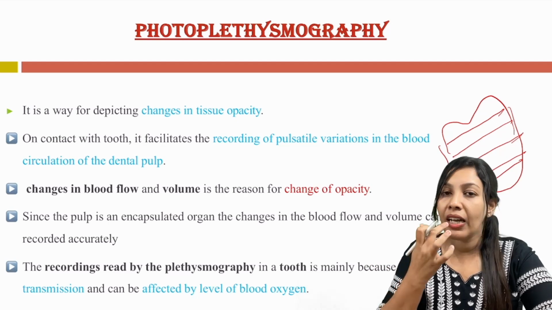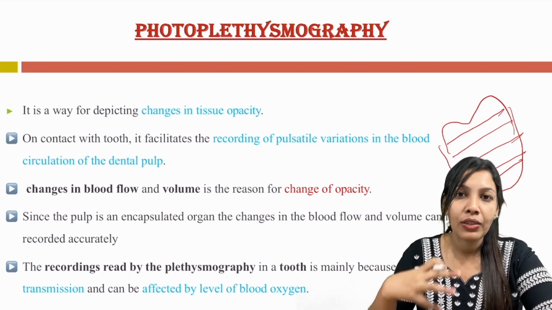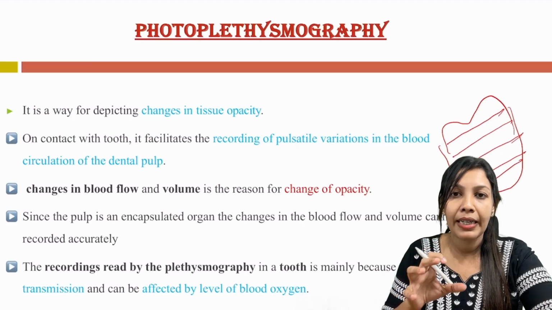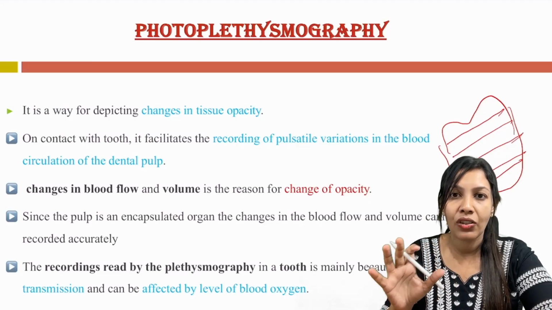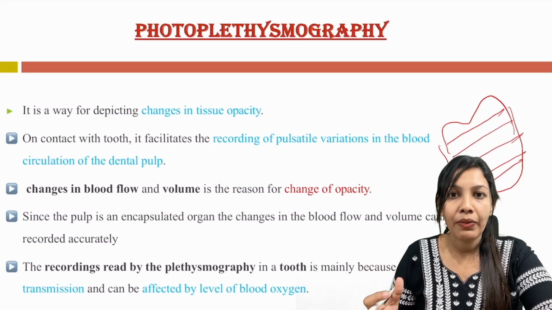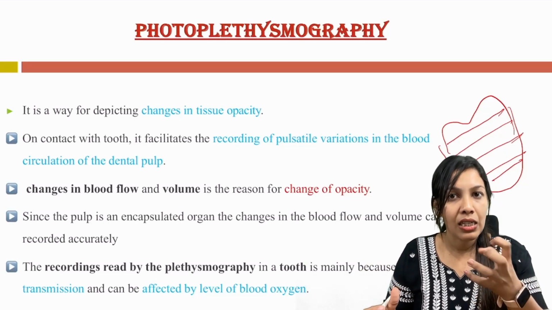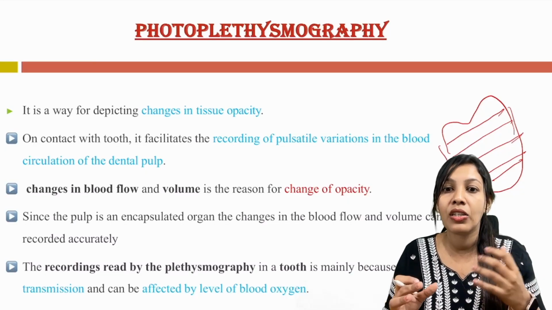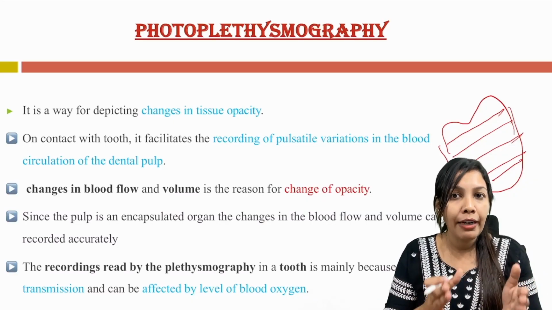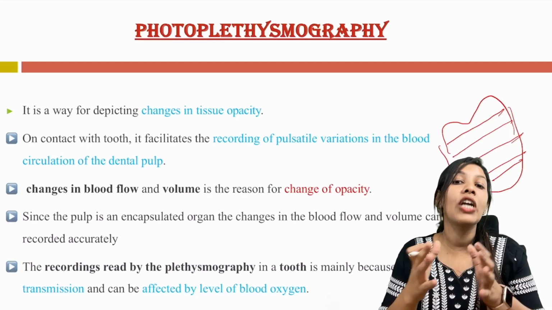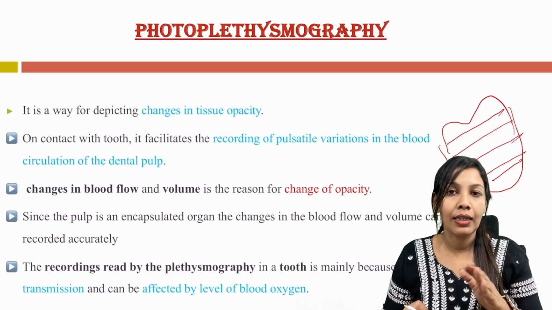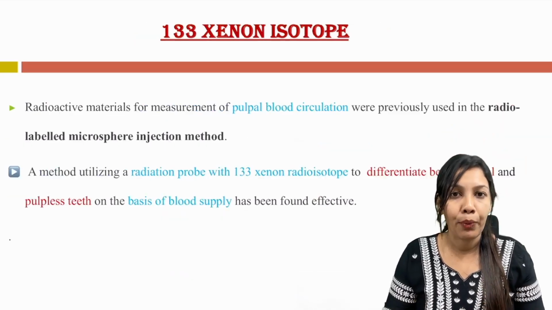When our tooth is alive, there is continuous supply of nutrients, the calcium phosphate level is maintained, and the opacity is maintained. When there is necrosis, there is decrease in the blood, there is no proper supply of calcium phosphate nutrition to the pulp, there is change in the opacity. So change in blood flow is correlated to the change in opacity, and that is recorded, and they are directly and indirectly proportional.